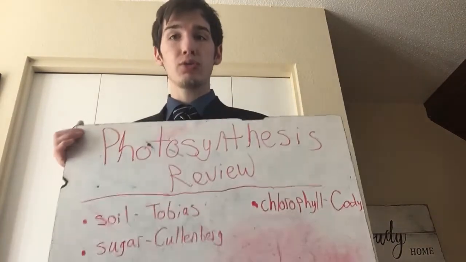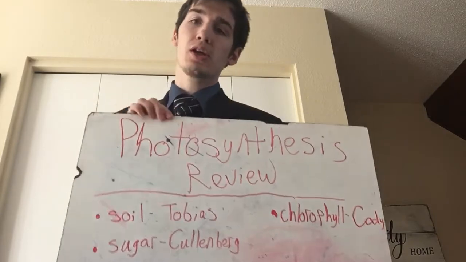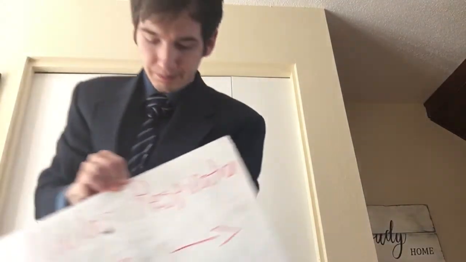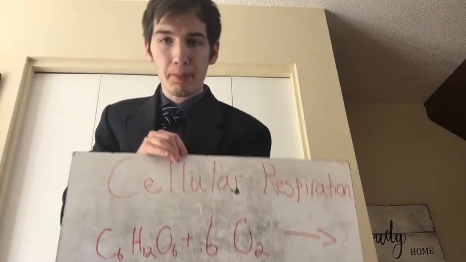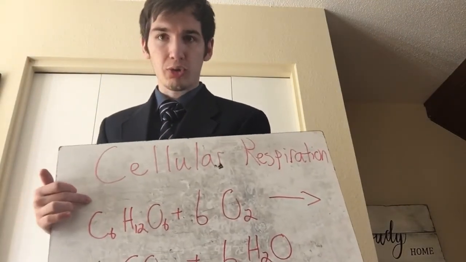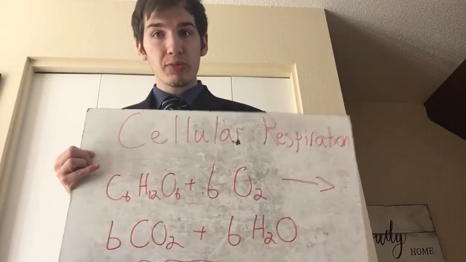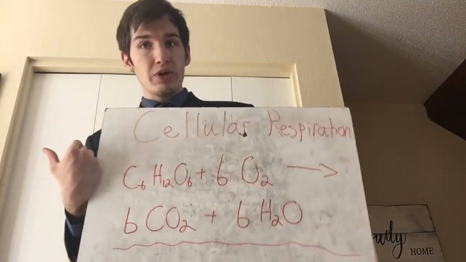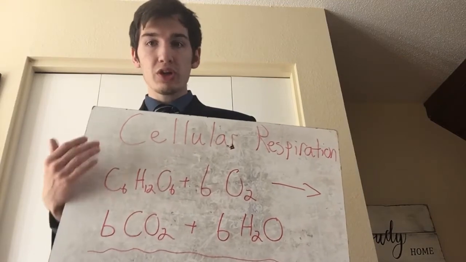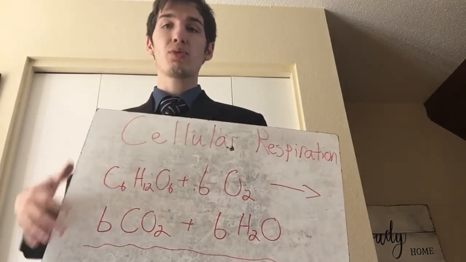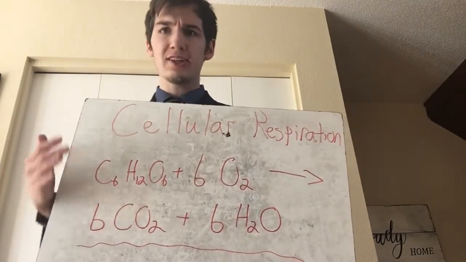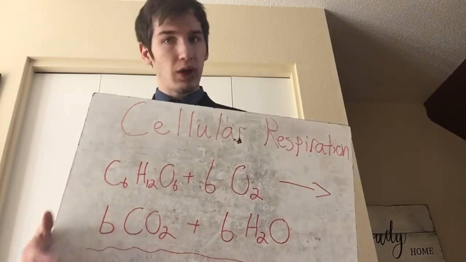Now how do they use sugar for food? Well, that's in this other process called cellular respiration. Okay? Plants undergo cellular respiration, and so do we. We don't go through photosynthesis, but we go through cellular respiration. This is what our cells are doing all of the time in our bodies right now.